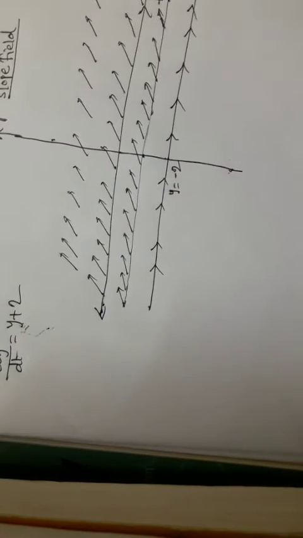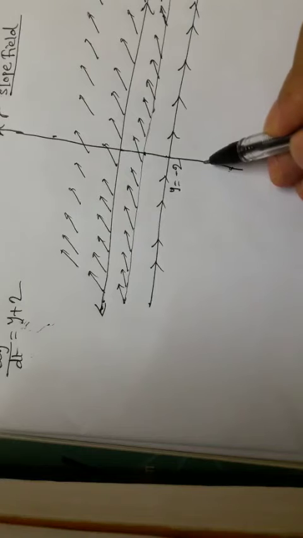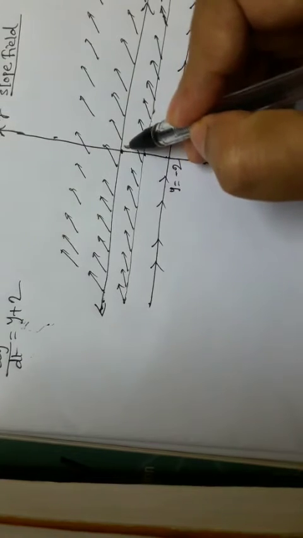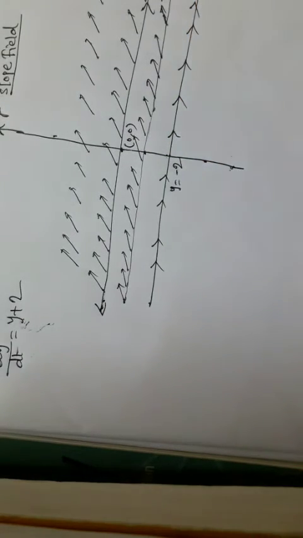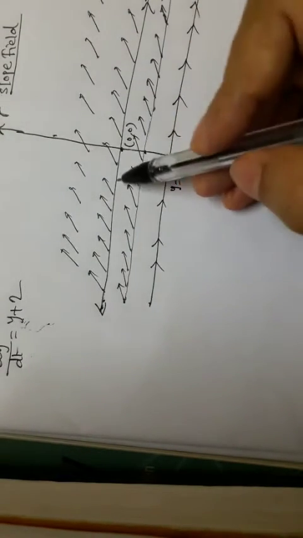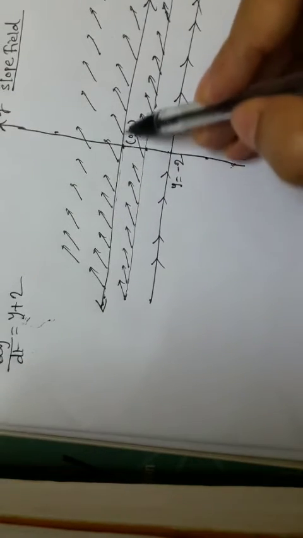And now if we come to the negative part of y, this is y is 0, the origin, this is the y is equal to 0 line.